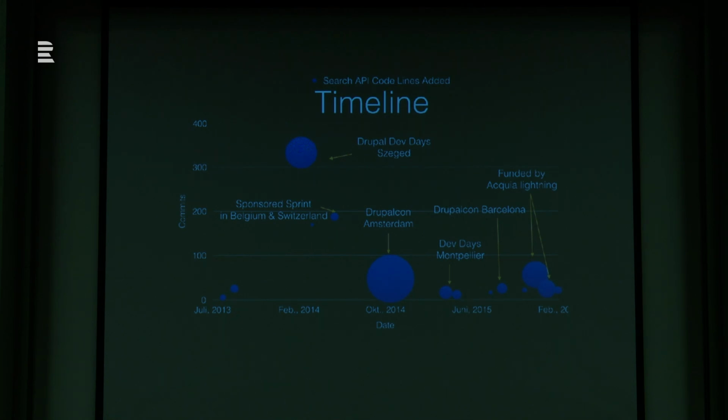If I make this slide include the last months of this year, we will also see Dev Days and DrupalCon as dots that appear, where we can say, oh, so much code got added because of that event.